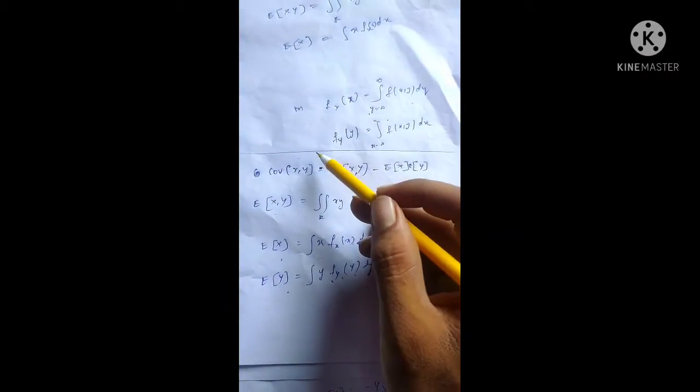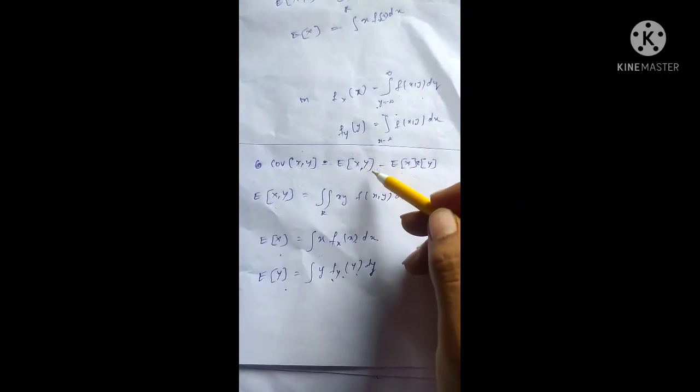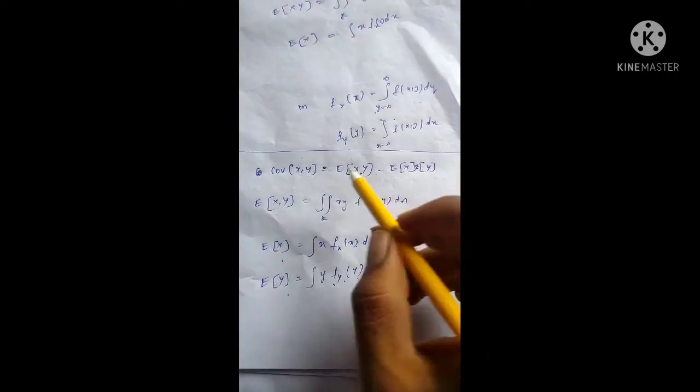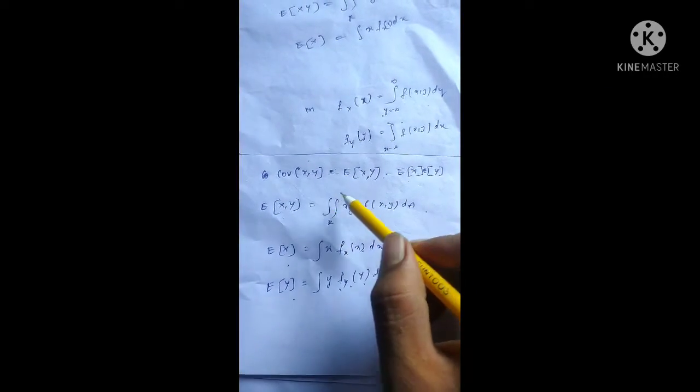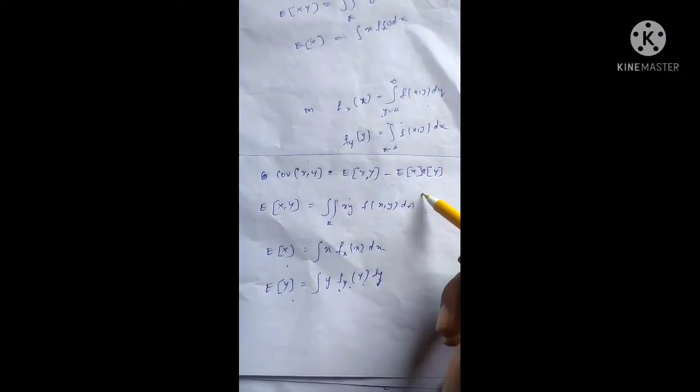Now the third one is the covariance of x and y. We know the formula: covariance of xy equals expectation of xy minus expectation of x into expectation of y. The expectation of xy is the double integration of xy times the function of xy, dy dx.